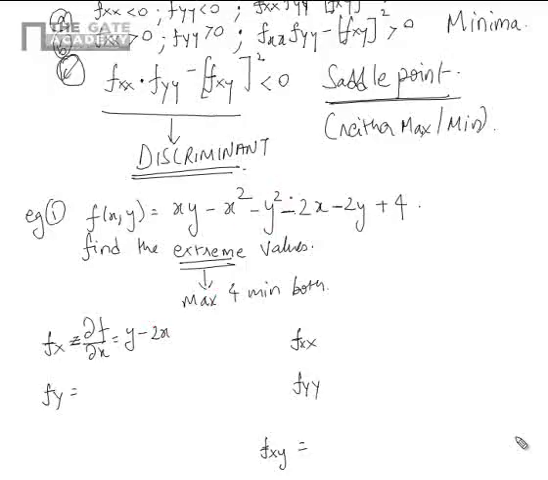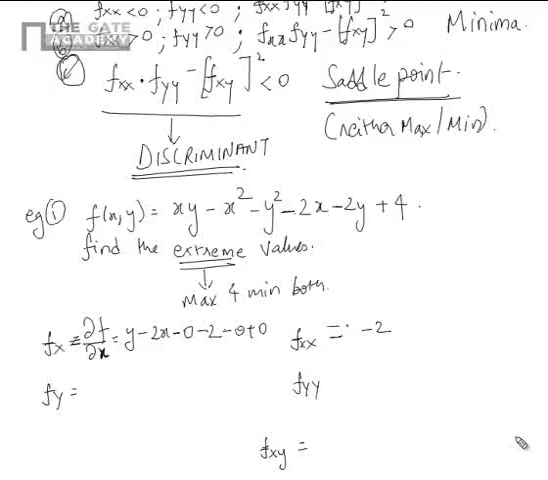Y square on differentiation will give 0, because it's a pure function of y and we are differentiating partially with respect to x. 2x will give me minus 2, 2y again will give me 0 because it's only a function of y, 4 will again give me 0. So this is what I am left with, fx equals y minus 2x minus 2. And fxx will give me minus 2.